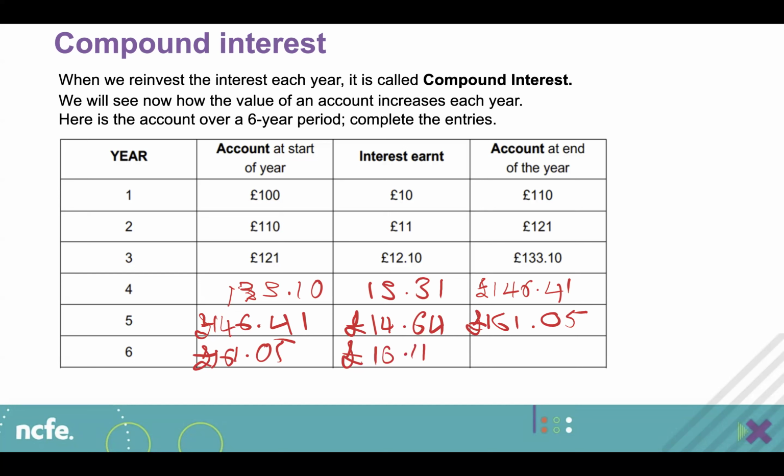And if we add that on to the answer, it would be 161.05 add 16.11, which will become 177.16.